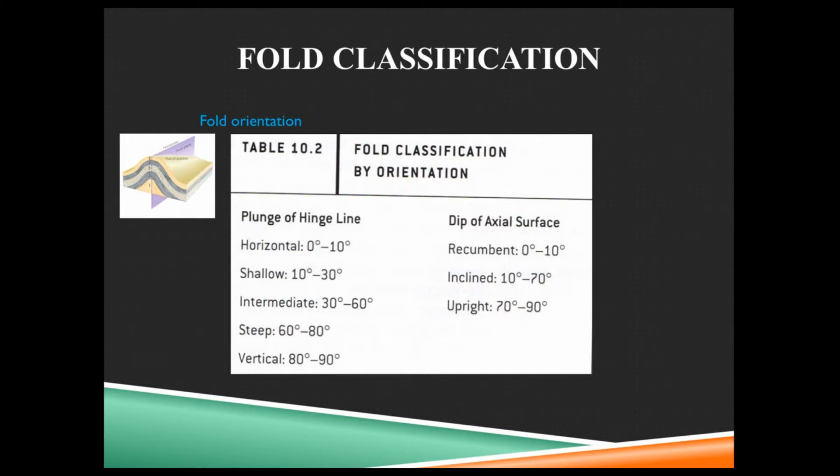An intermediate plunge, 30 to 60. A steep plunge, 60 to 80, and then anything from 80 to 90 we call vertical, even though technically, sure, 80 degrees isn't quite vertical, but that's pretty darn close to vertical, especially for a fold in solid rock. It's been tilted a lot.